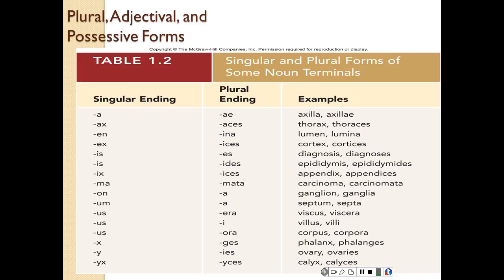And we have various plural forms. When you get into medical terminology, you're going to have to know the singular form as well as the plural form. For example, we have diagnosis.